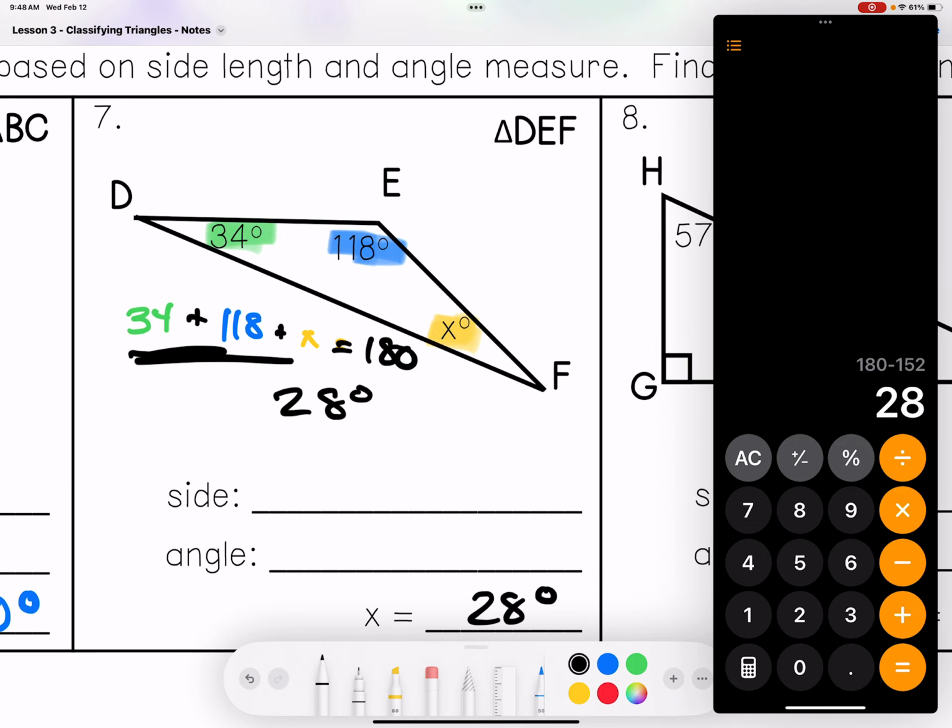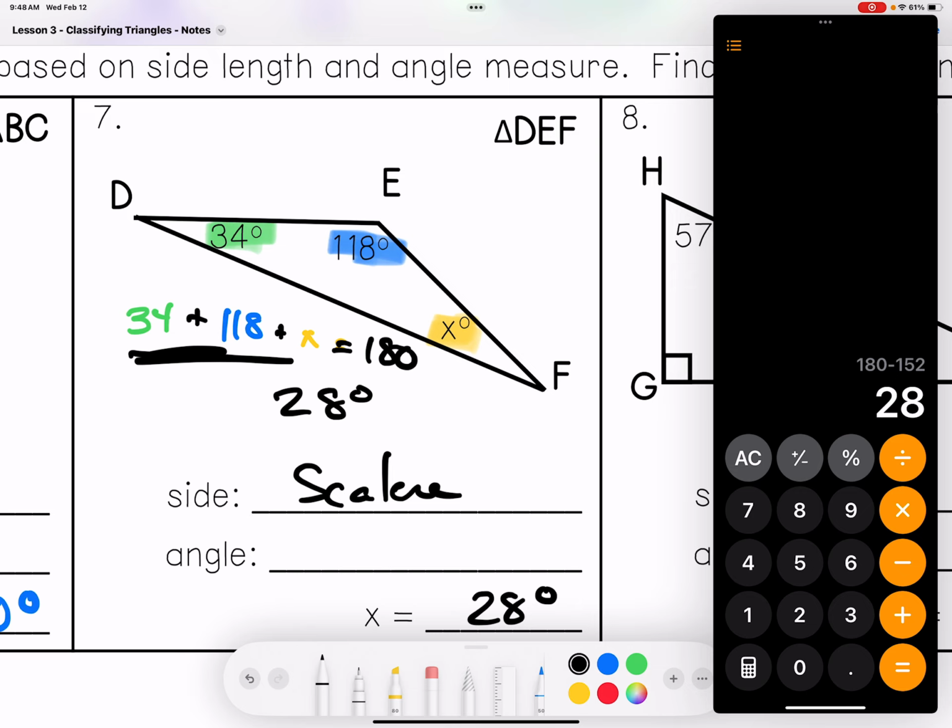That's 28 degrees. Now, what kind of triangle is this? Let's flip back. Are any of the sides equal? No. So it's a scalene. How do I know the sides are not equal? Are the angles equal? No. So therefore the sides aren't going to be because they correspond to each other.